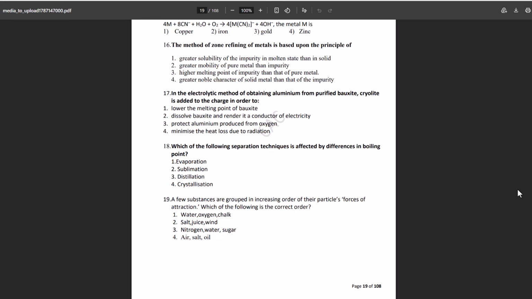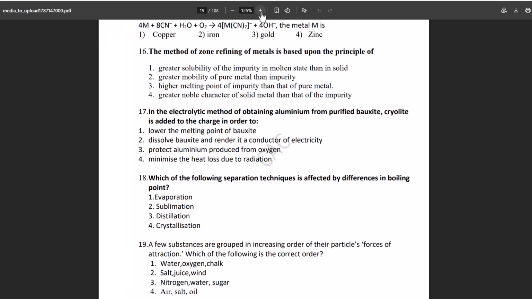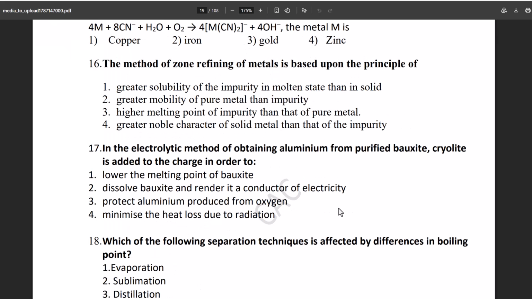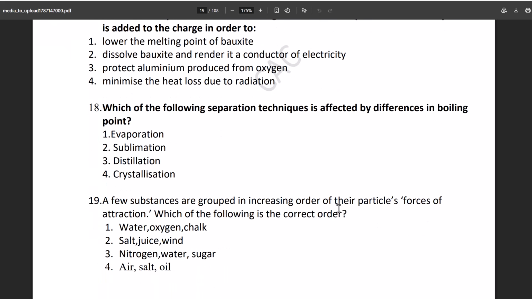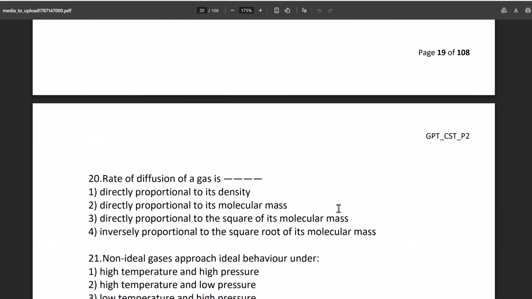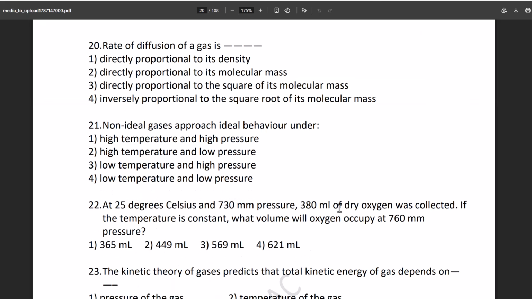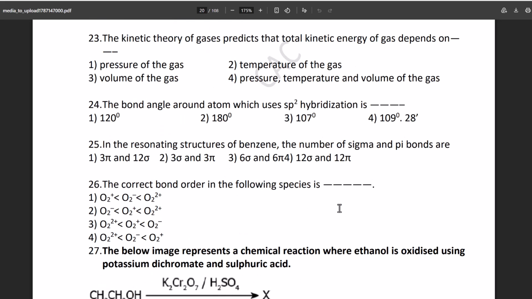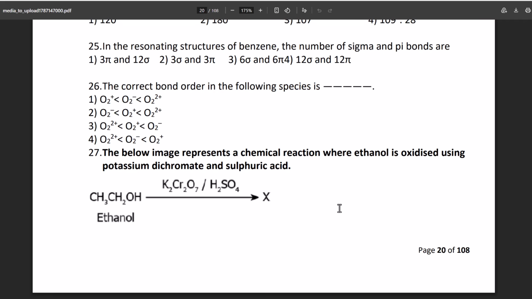Before I discuss the blueprint, I want to tell some more important points. Note this: there are no negative markings for any question, except if you don't tick the fifth option in your OMR sheet when you don't know the answer. There will be one multiple choice question with 4 choices.